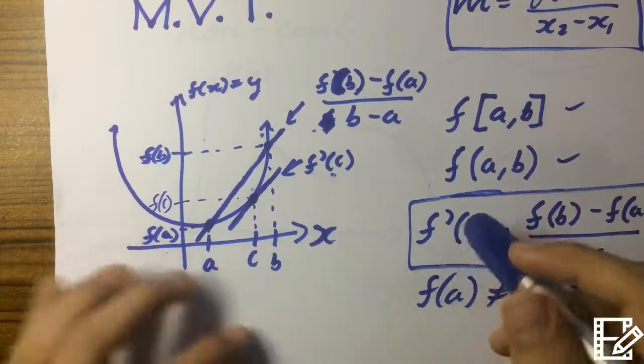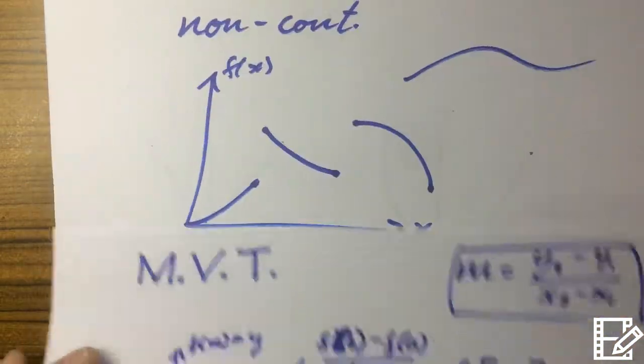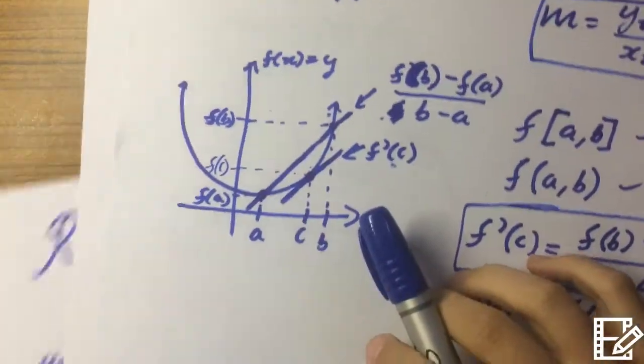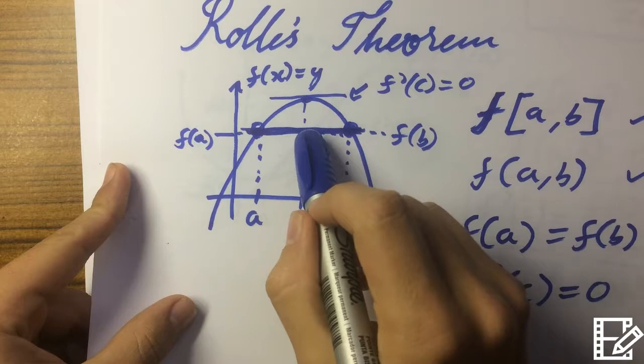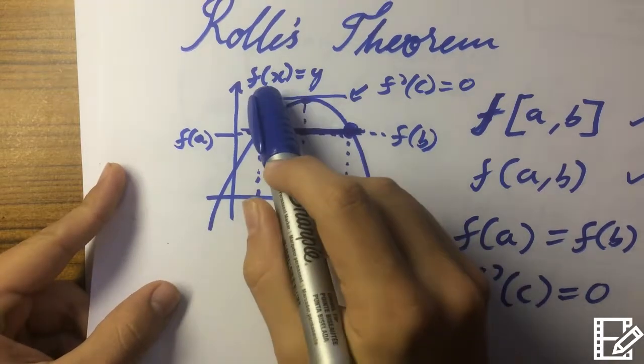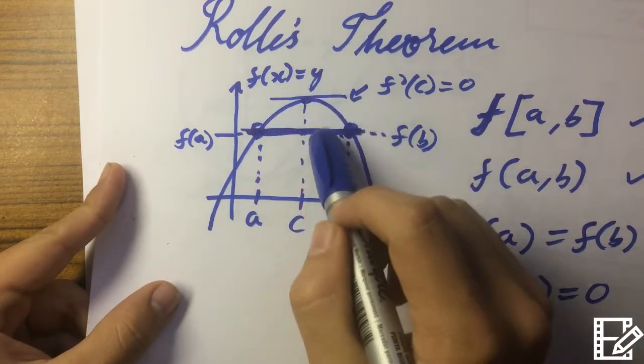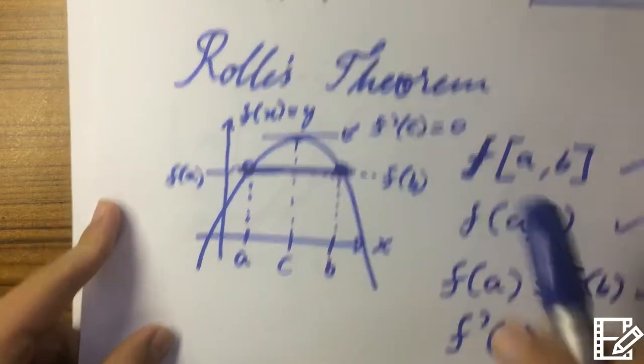In the other one, because the slope of the secant line was equal to 0, therefore the derivative of the line that would be parallel to it has to be 0.